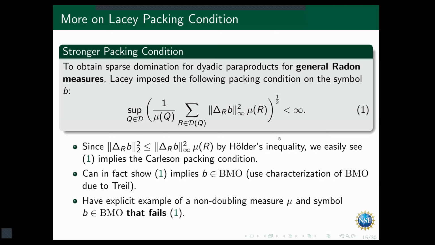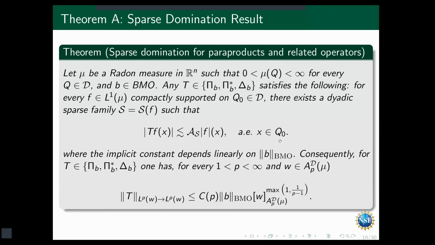Okay, and that ties into our first contribution here. So this is Theorem A. Basically what this does is achieve sparse domination for dyadic paraproducts, as well as the adjoint of the dyadic paraproduct and this other operator, delta B, in the non-homogeneous setting.